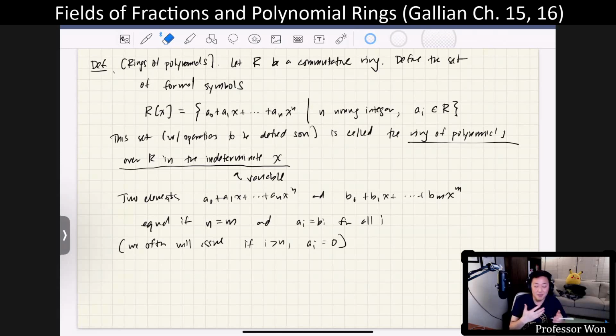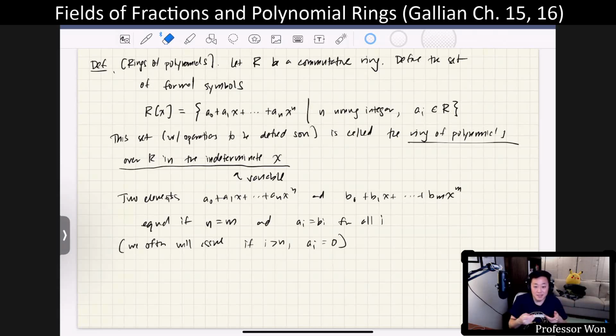You're trying to find the real number x that makes it true when substituted in. So in this polynomial ring, the symbol x is really just a symbol. It does not represent some unknown element of R. That's why it's preferable to say indeterminate. It's just a symbol.